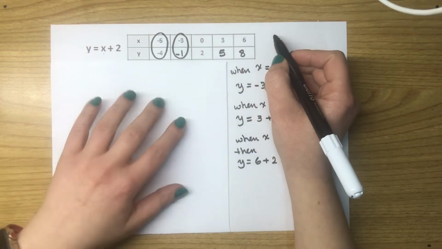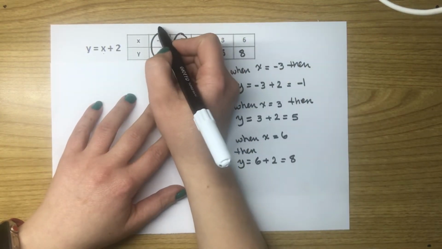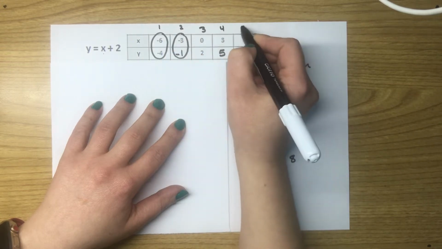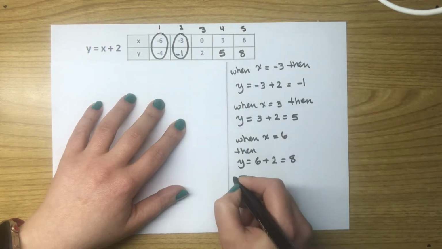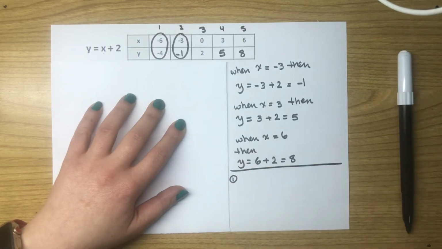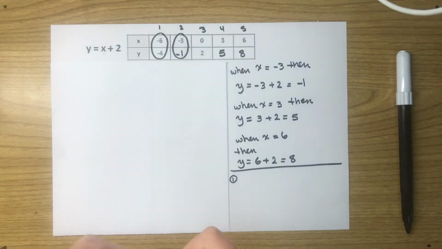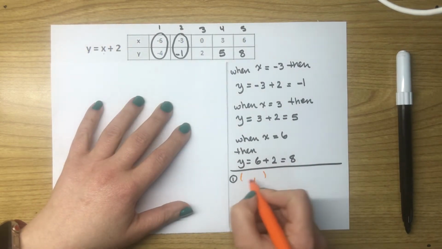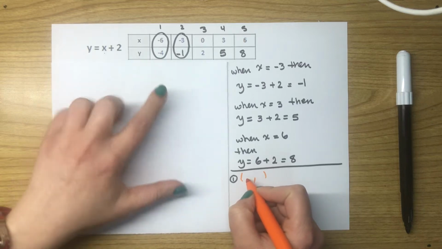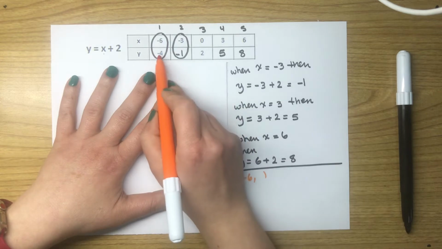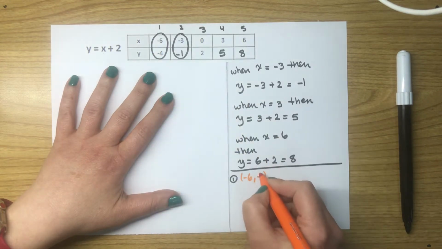For the first point, let's name this point number 1, point number 2, 3, 4, 5. So point number 1, in place of x for the coordinates, it's going to be negative 6. The value of y is going to be negative 4.